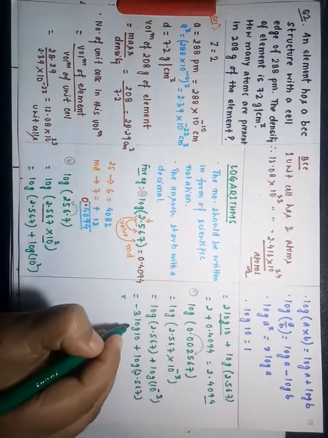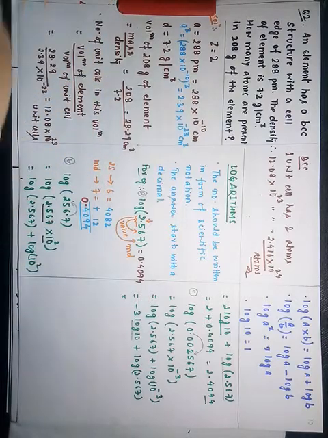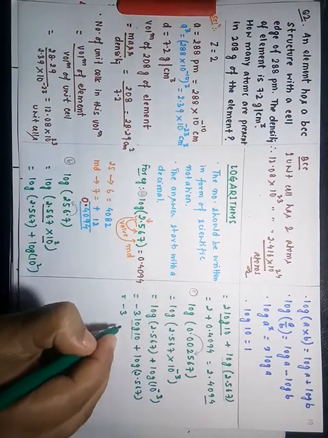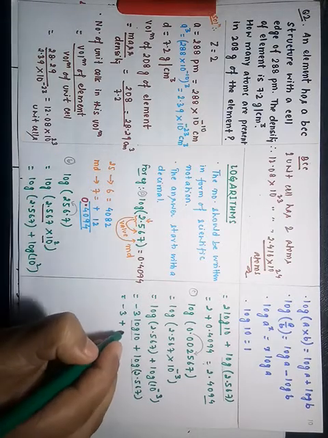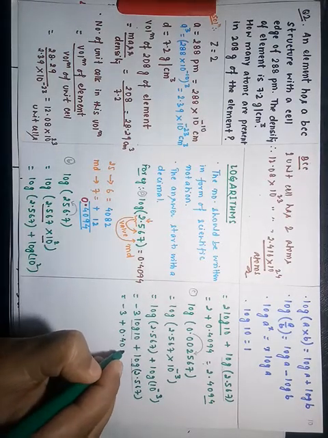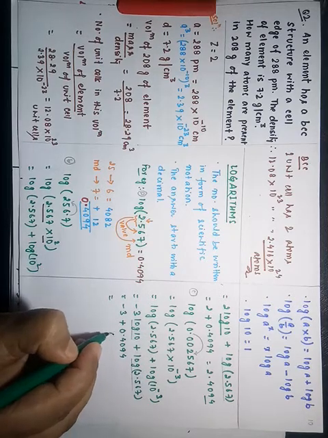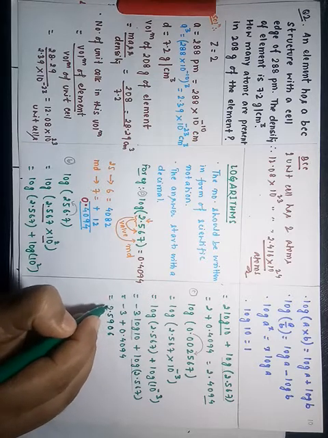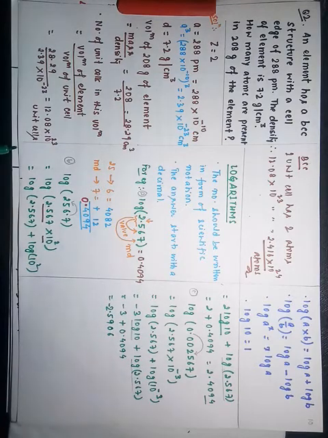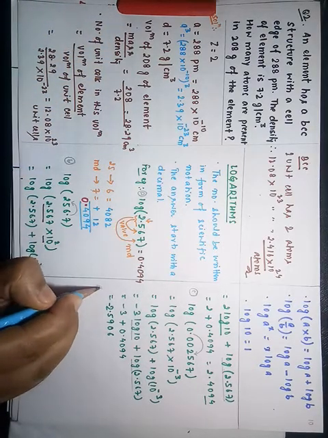We know, student, that log 10 is 1. So this is minus 3 plus, we know the value of this log, 0.4094. On doing the subtraction, we get a value of minus 2.5906.